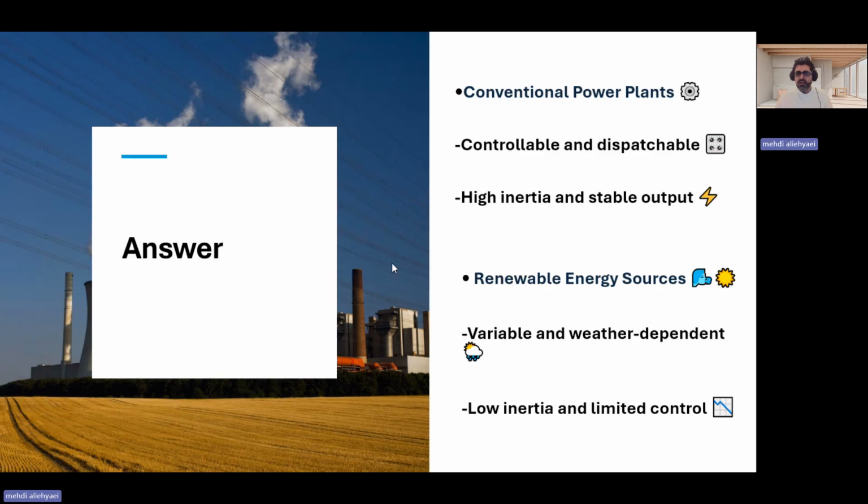They also have low inertia and limited direct control, which makes it harder to keep the power systems stable. Because of these differences, integrating large amounts of renewable energy sources requires a new solution to maintain reliability and system stability.